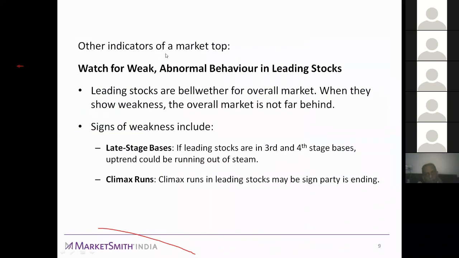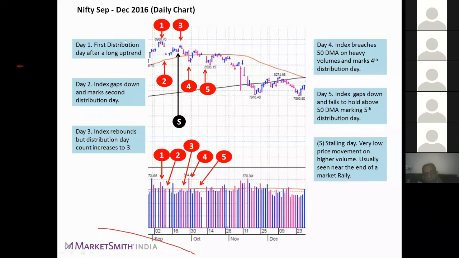At point 3, the index rebounds but the distribution day count increases to 3, because again the trading volume was higher than the previous day's trading volume. So it adds one more distribution day, and the total count is 3 till now.